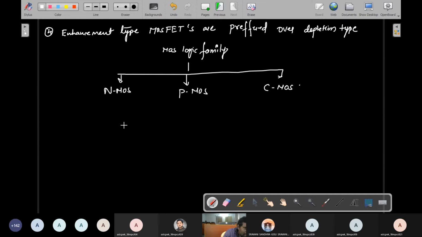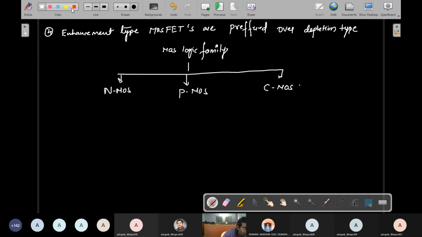Out of these three, the first two are NMOS and PMOS. In such MOS logic families, only one polarity is taken: either all N type, called N MOSFET, or all P type, called P MOSFET, but not both on the same chip. So in these two types, the chip uses only one polarity.